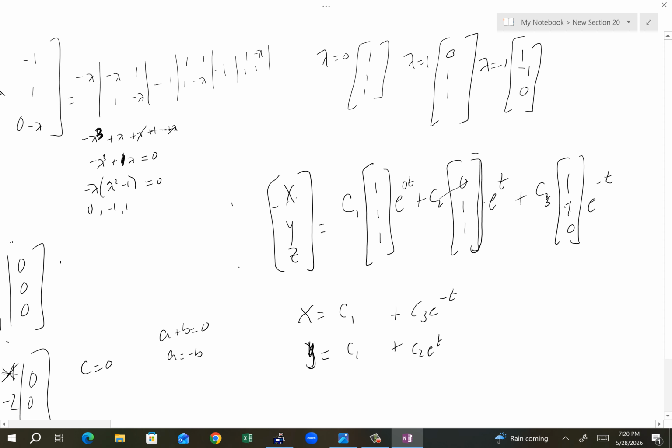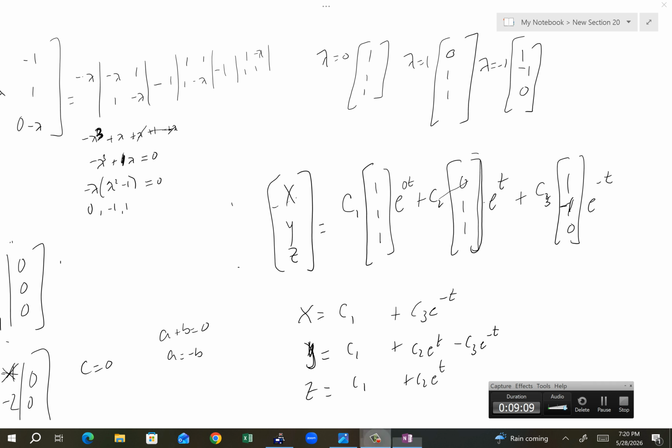And then this is going to be minus 1, so minus C3 e to the minus t. And z equals C1 plus C2 e to the t, rather. And then, of course, there's not one in the last one. Yeah? Nice. All right, that's the gist of it. That's your general solution. Now I hope it helps.